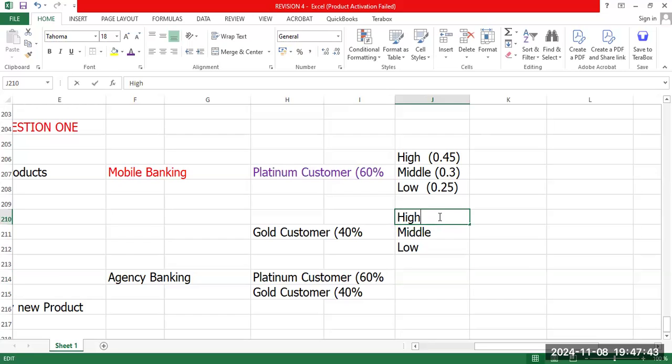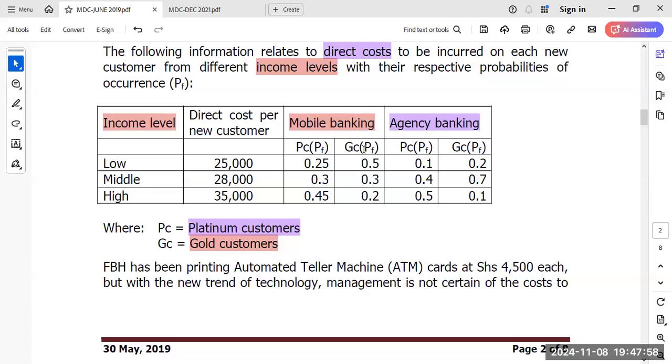Now, what is the probability of finding that the customer is a gold customer with the high income level? We go back. Still, we are handling mobile banking. This is the gold customer. High is 0.2.